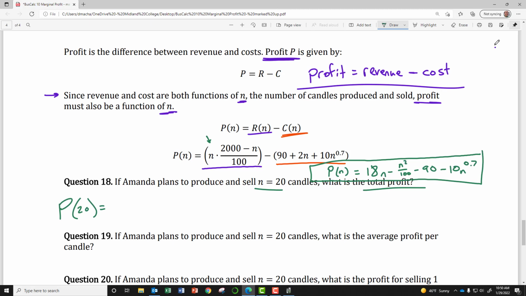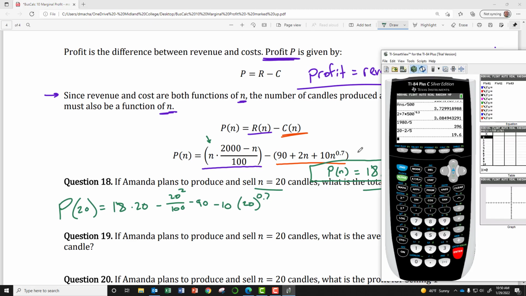So what's the profit for when n is equal to 20? This would be 18 times 20 minus 20 squared over 100 minus 90 minus 10 times 20 to the power 0.7. So let's just put that in the calculator just as it is.